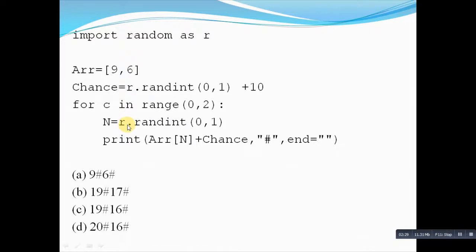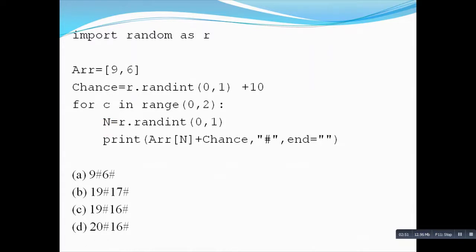Now this is an interesting question from the point of view that randint is used twice in the program. So again, N is equal to R dot randint 0, 1. Again, it is generating a random number, so the value of N may be either 0 or 1.